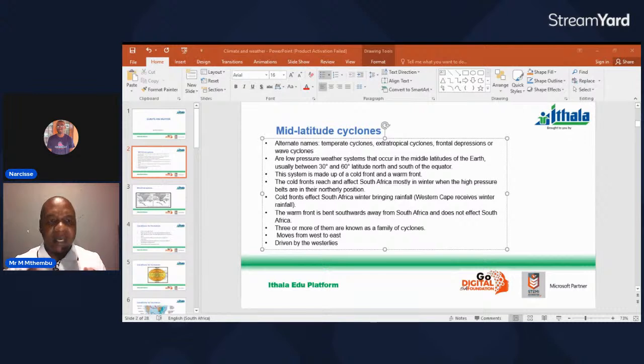Then the eye is visible, it's very calm, and the pressure is well below 1000 millibars. Also the diameter, you need to know, covers a diameter of 300, with an active quadrant here, which is an intense weather system with strong winds as well as heavy rainfall.